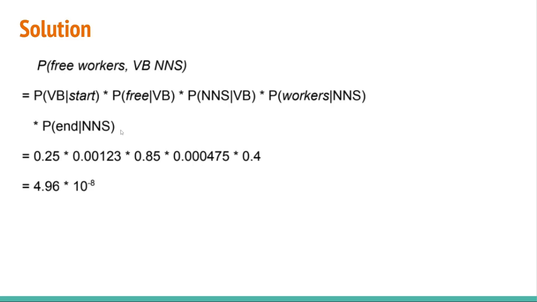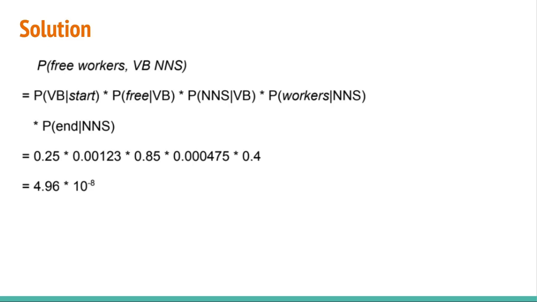This is a problem based on HMM, and HMM, as we learned, is a generative model. There we have the tags. We start with the tags, and based on that, the words are emitted.